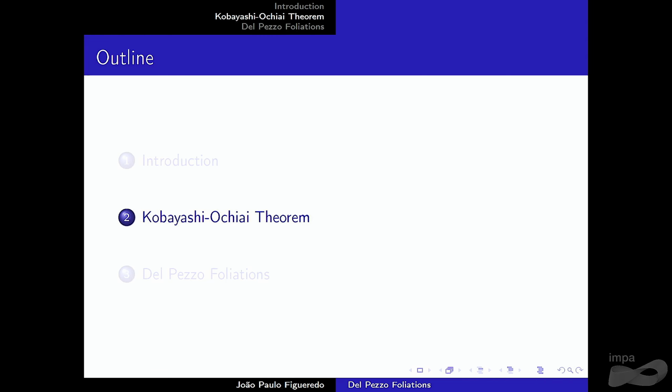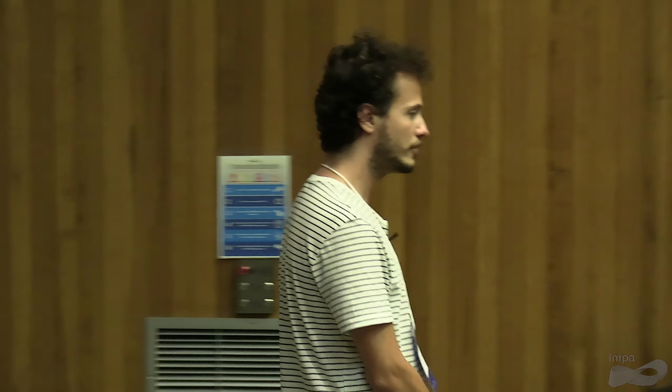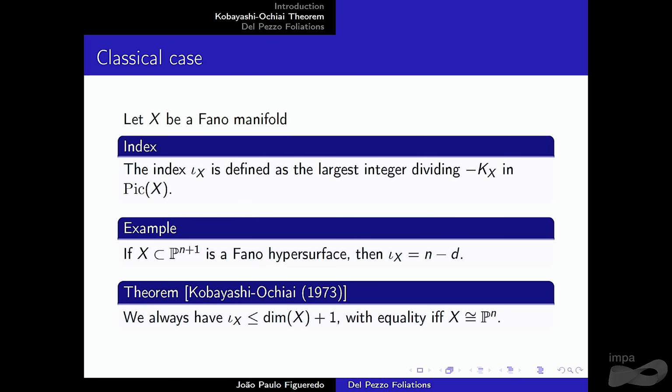Okay, so going back to the context of Fano manifolds, there is a very classical structure result for Fano varieties, which is called the Kobayashi-Ochiai theorem. So the classical case is the following.